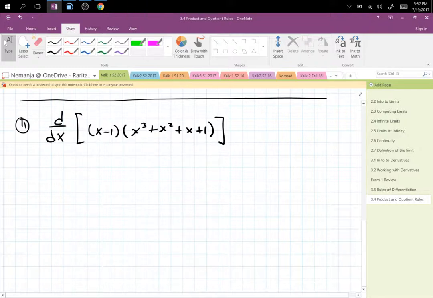After we're done with product rule, are we done, or do we have to do the order again? No. Product rule.